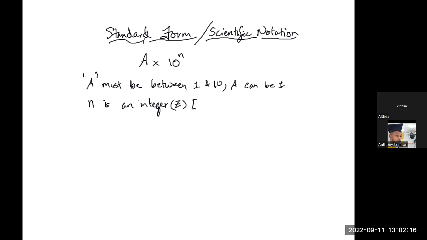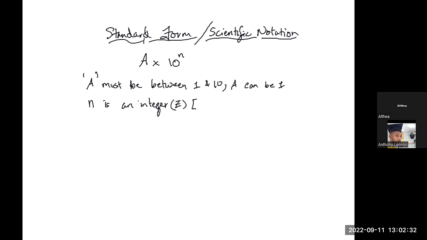Well, it's basically any number which is a whole number with a plus sign in front of it or a negative sign in front of it. So we can actually say positive and negative whole numbers.